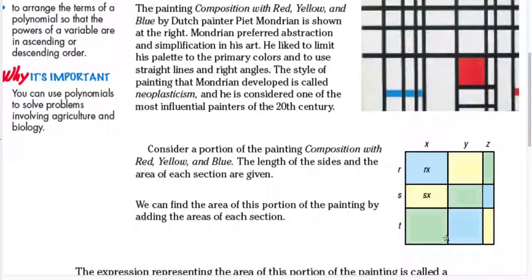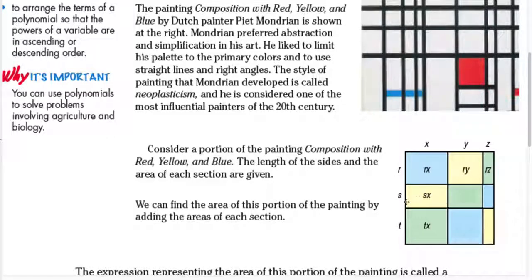The green rectangle right here is width T and length X, which is Tx. Again, this beige rectangle is the product of width R and length Y, which is Ry. And this green one right here will be the product of width R and length Z, or you can do the opposite, width Z and length R, it doesn't really matter, which is Rz.